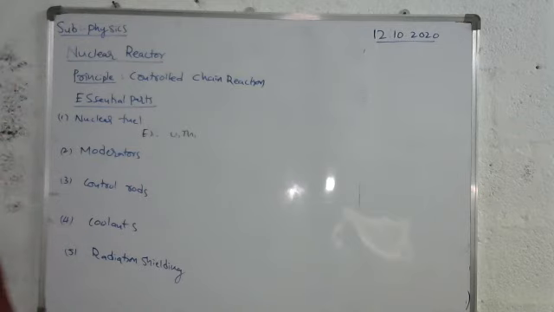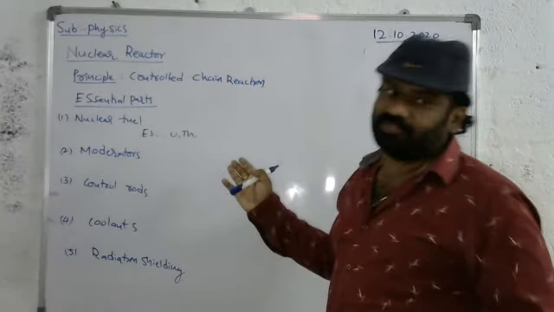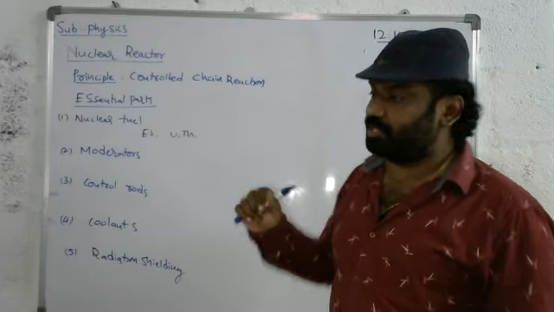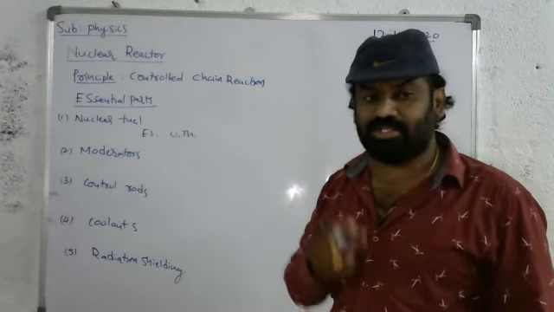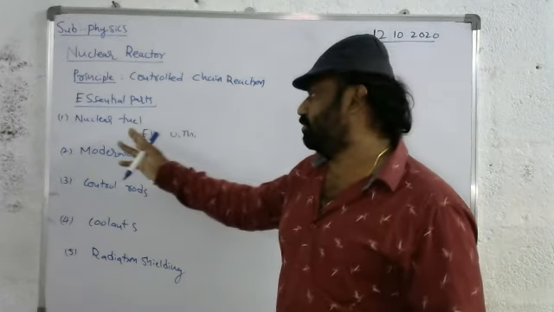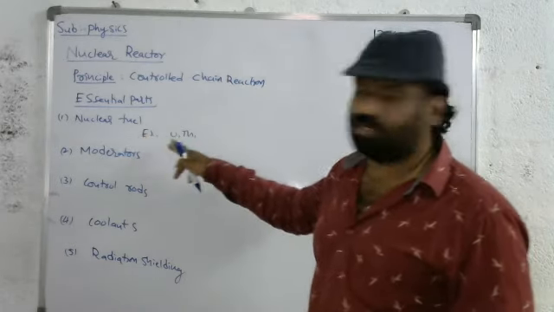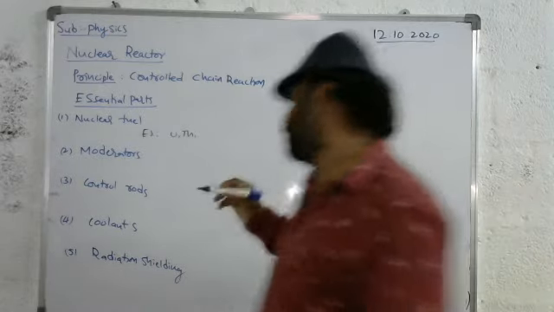Uranium, thorium or plutonium isotopes are used as nuclear fuel, and they are taken in the form of big rods and sealed in aluminum cylinders.